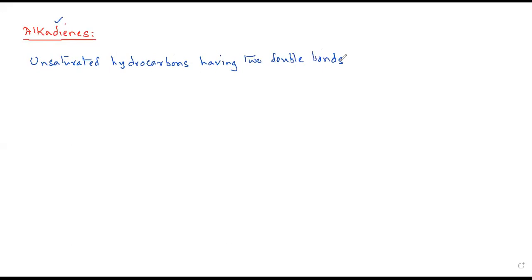So they are called alkadienes. You know, this extra A is added whenever we have more than one double bonds or more than one triple bonds.